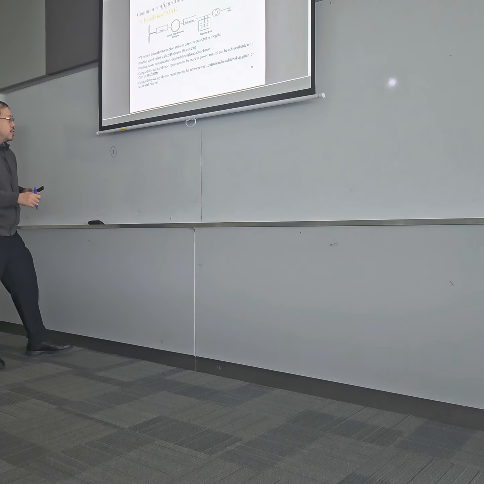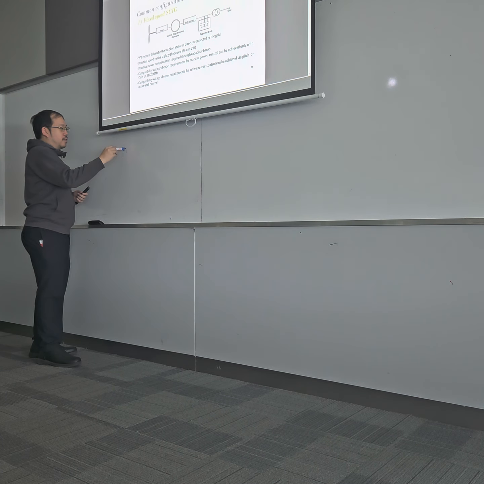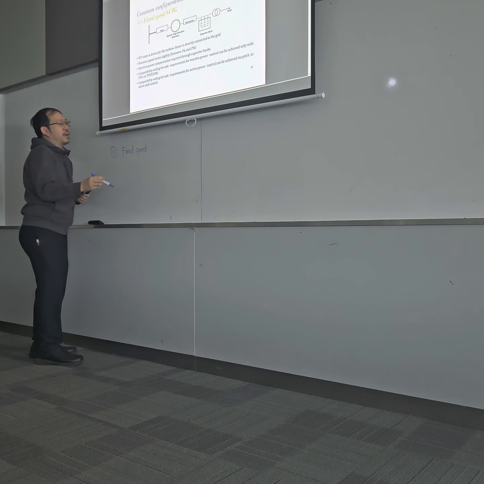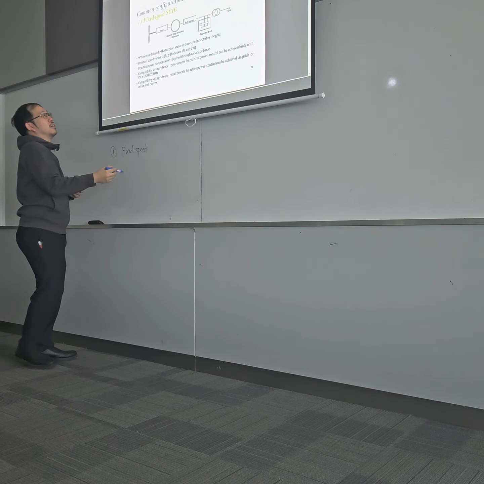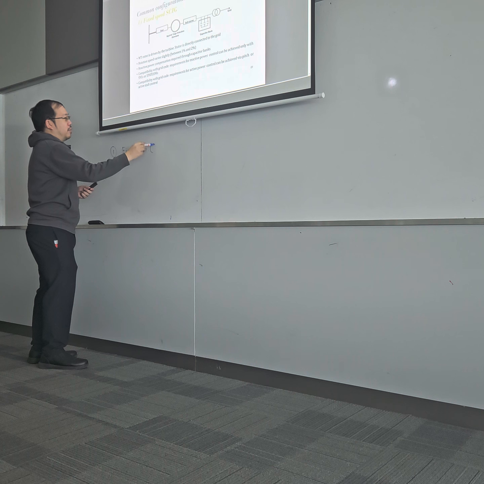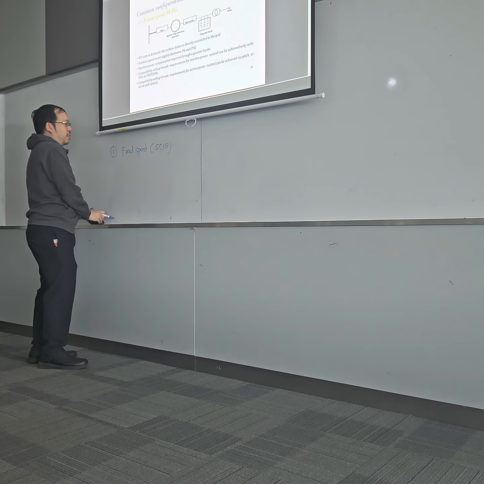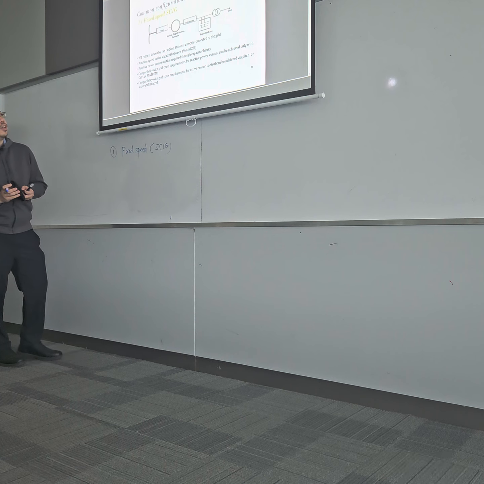Okay, so the first type is the fixed speed wind turbine, also known as the squirrel cage induction generator. We call it the fixed speed squirrel cage induction generator.